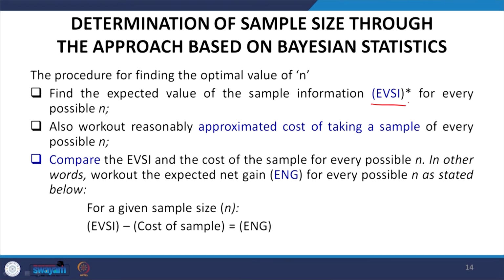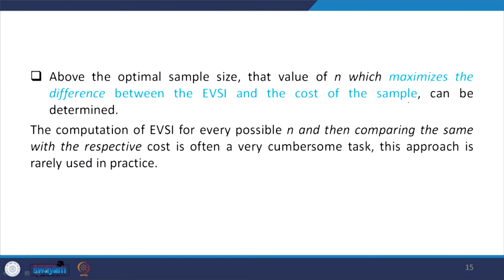The EVSI is a little complicated, so we are not including it because it is not our purpose of emphasis. I am just mentioning it for your reference. So, EVSI minus the cost of sample is generally referred to so far as sample size is concerned, but this is very useful when you are very much concerned about cost estimation.